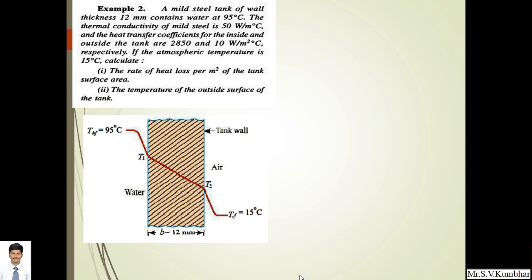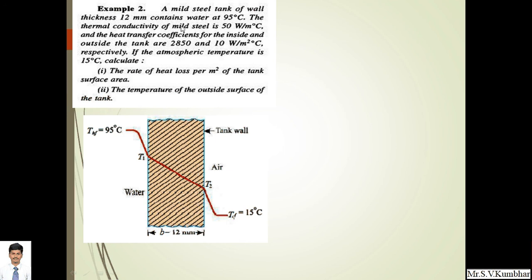As I said earlier, try to draw a small figure. Here the figure is not given. This is a mild steel tank of wall 12 mm thickness. So B is given as 12 mm, convert it into meter. It contains water at 95 degrees centigrade. At the left side, hot water is kept at 95 degrees centigrade.